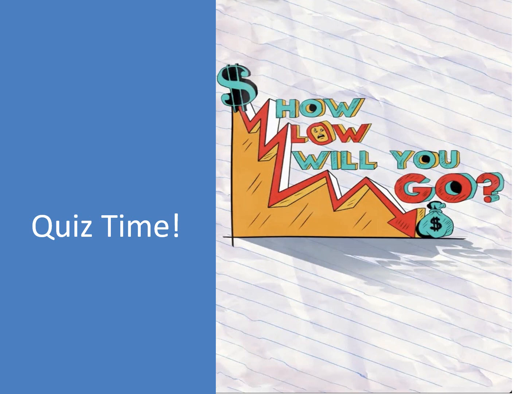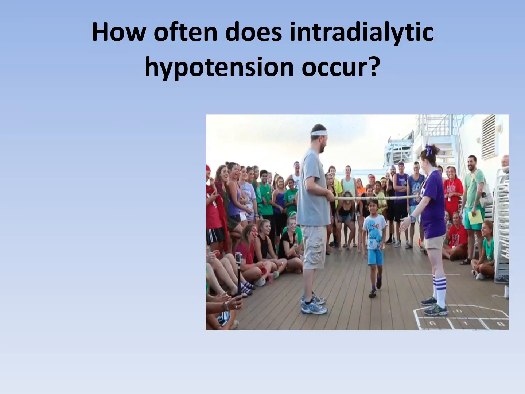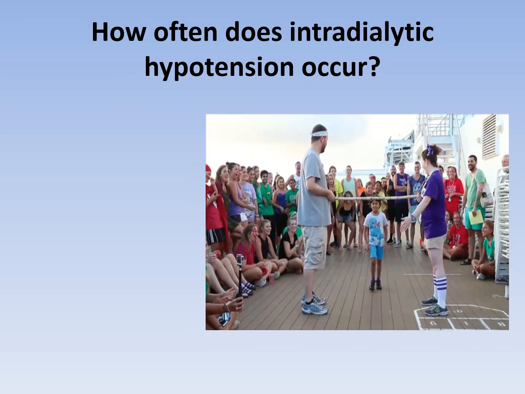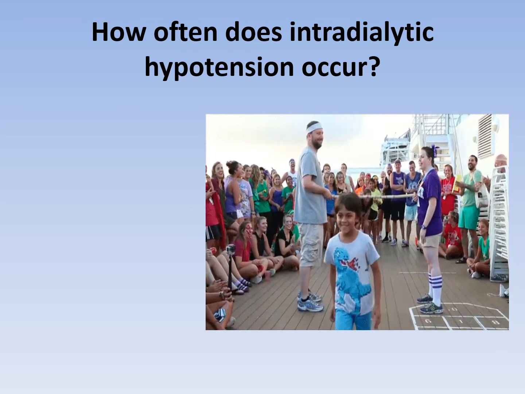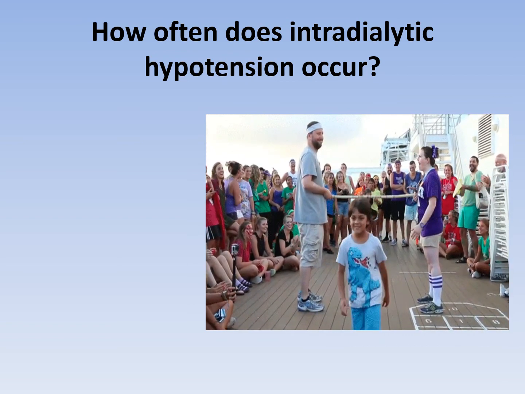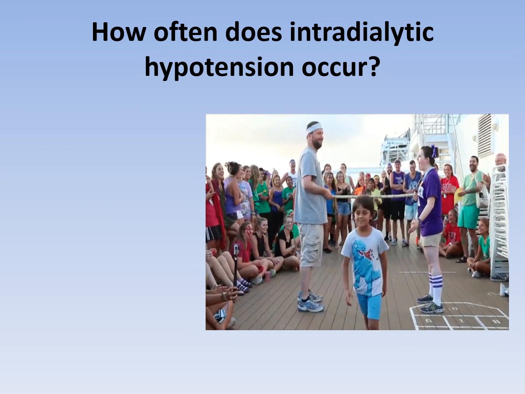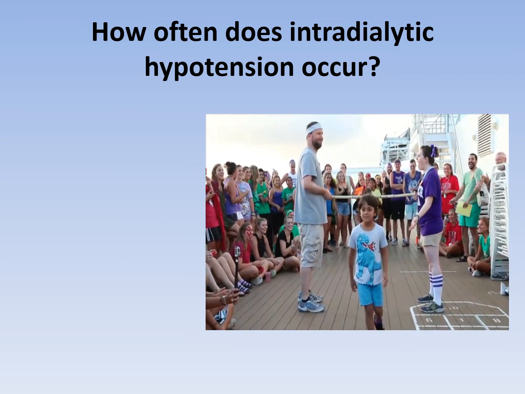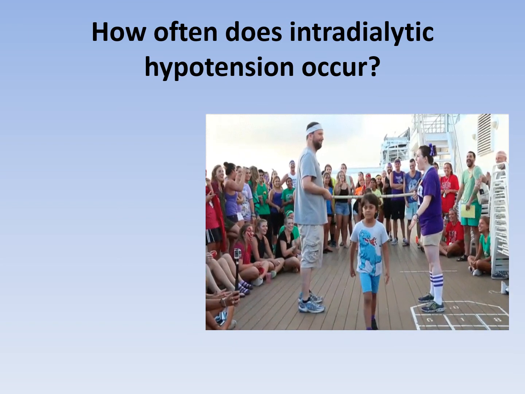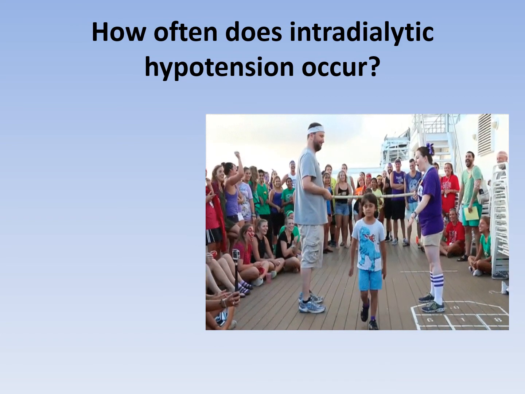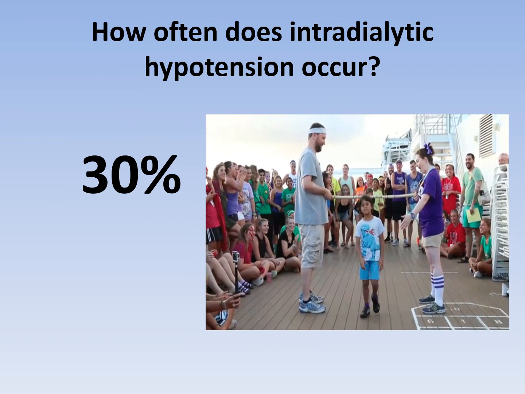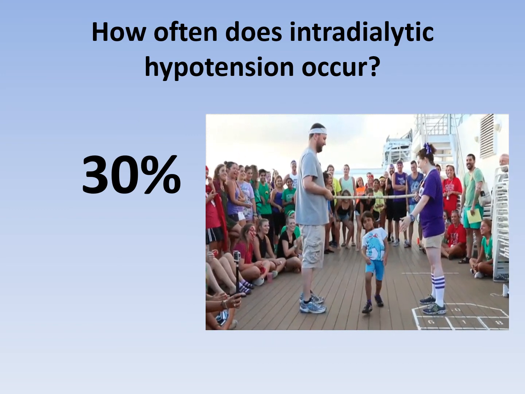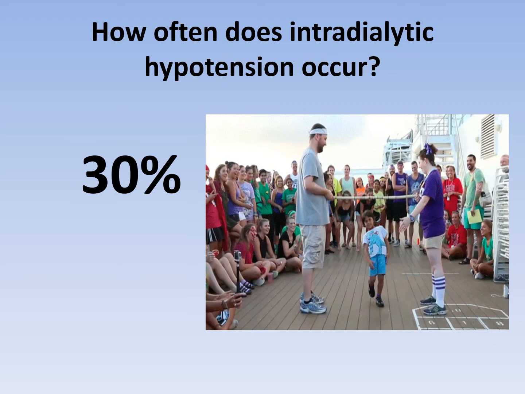All right, time for the obligatory quiz. How often does intradialytic hypotension occur? That's right, about 30%. Of course, there's a big range, anywhere from 10 to 70%, but most people remember 30%.